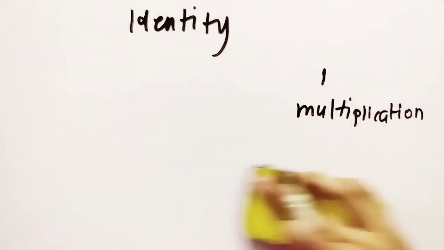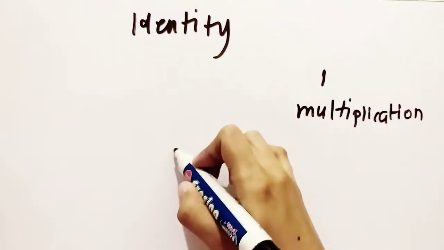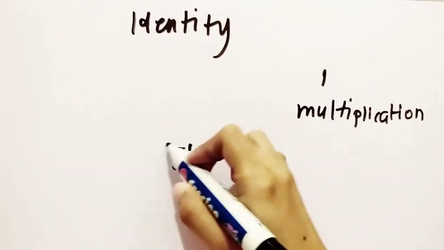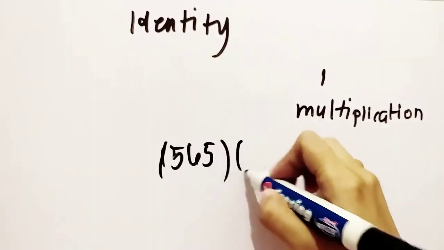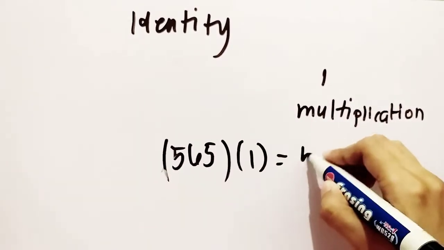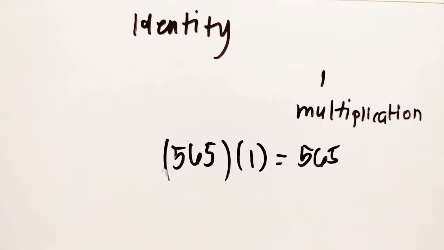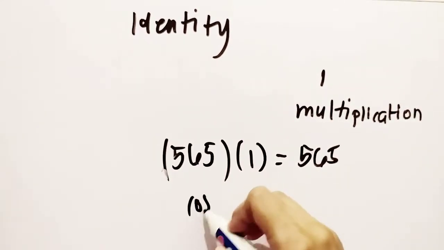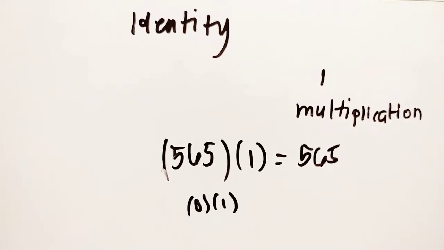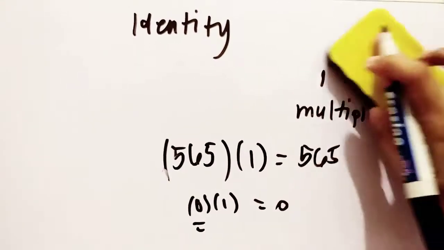But what about the multiplication? Any number that is multiplied by 1 is also equivalent to the same number. So if we have 565 and we multiply that by 1, we will have the same result, 565. If we multiply 0 by 1, we will have the result 0. So that is how identity works.